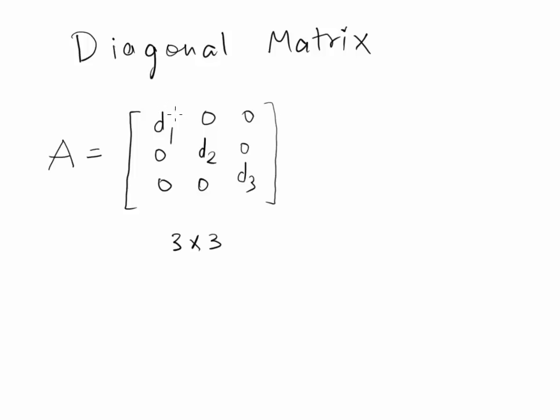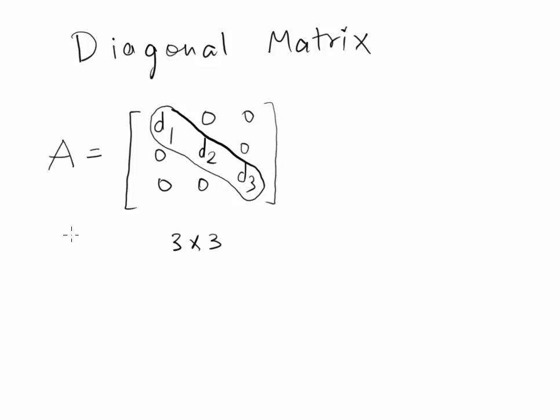So I use the word principal diagonal. What do I mean by that? Well, this diagonal, which is the left diagonal, also called the main diagonal, is also known as the principal diagonal. So you should remember all of those synonymous terms. Alright, so all the elements above and below the principal diagonal are 0.